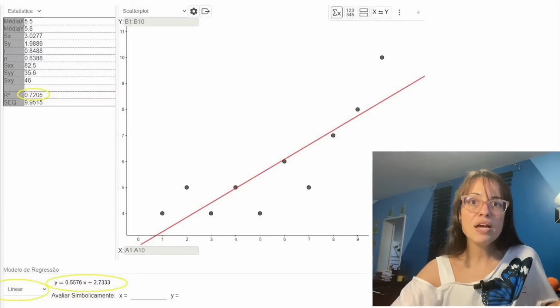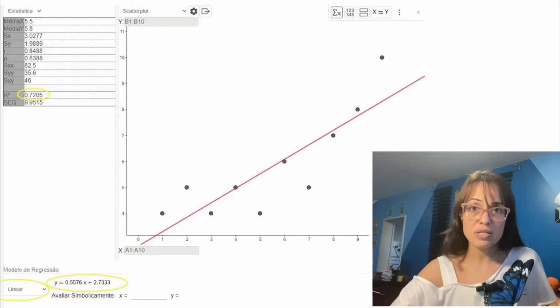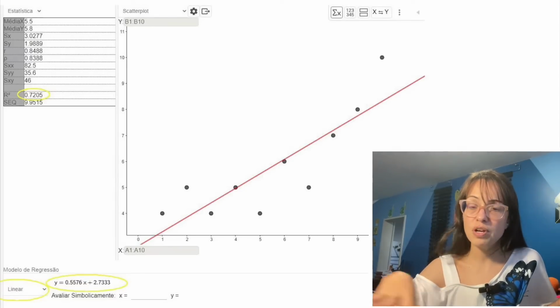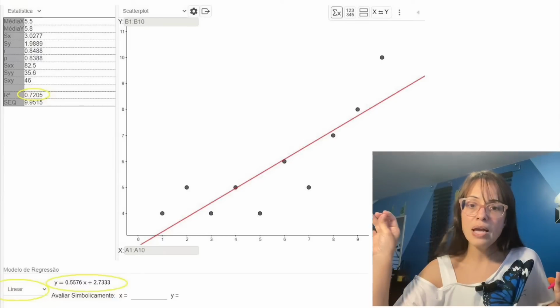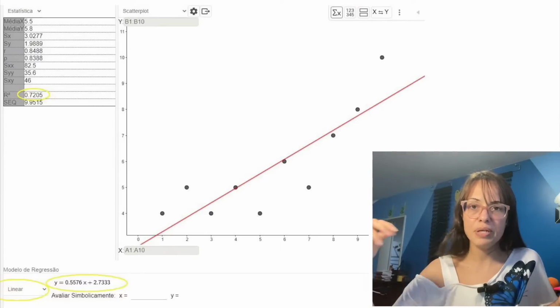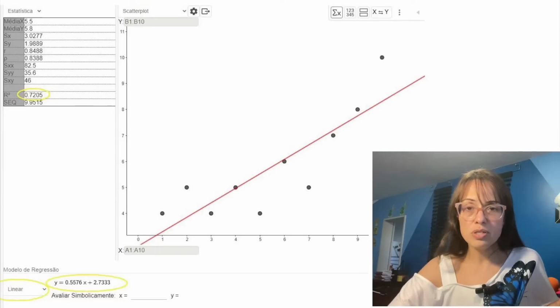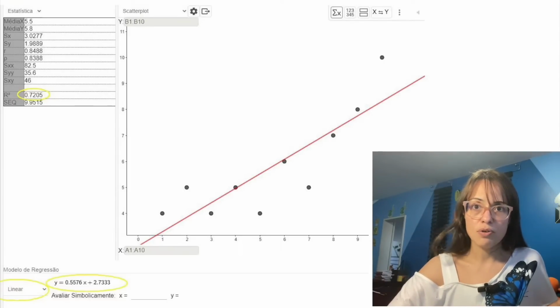And a very common idea is that you can choose different types of regression for the same set of points and then compare the coefficient of determination for those various regressions, and whichever one has the biggest coefficient of determination will be considered a better fit for the data.